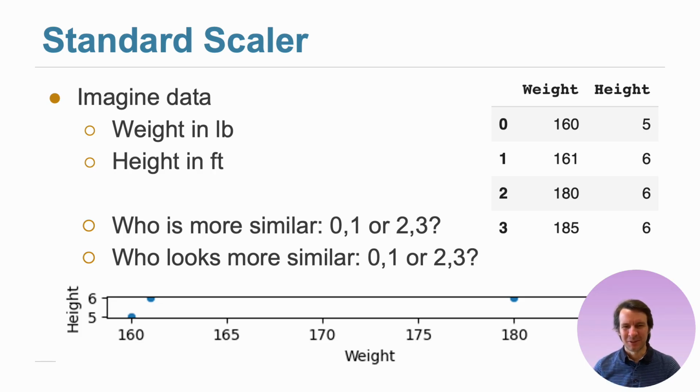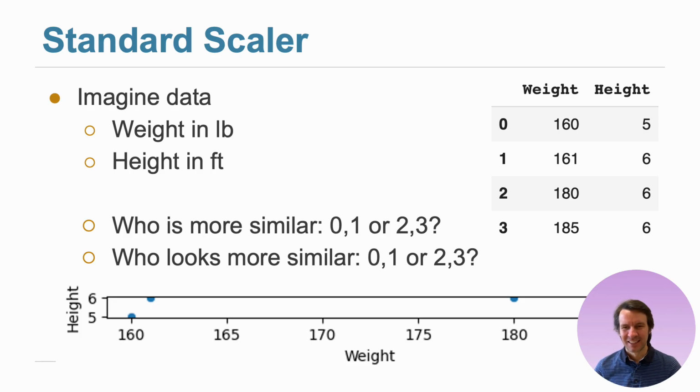Okay? And of course, if you ask yourself a question, which two people are more alike? Two people that have height 6 foot and one has weight 180 and the other 185 pounds, or two people that have same weight, almost 160 and 161, and one is 5 foot and the other one 6 foot. Okay.